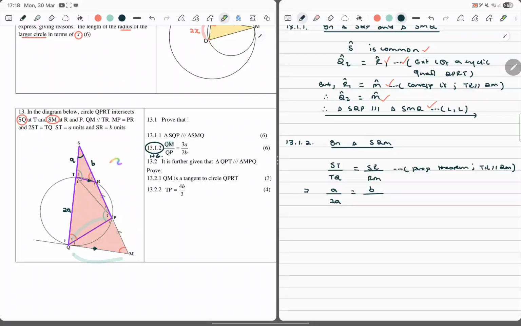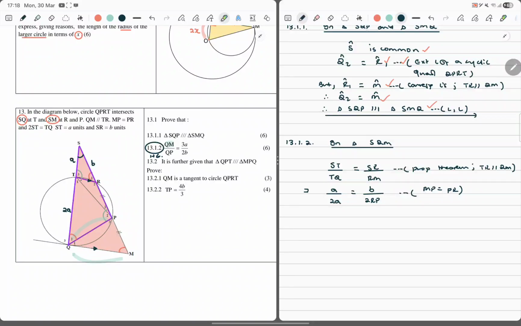But now RM, since it was given to us that MP is equal to PR, we can easily say this RM is 2 times RP. Right? We know that we were told that MP is equal to PR. So that's why we are doing that.